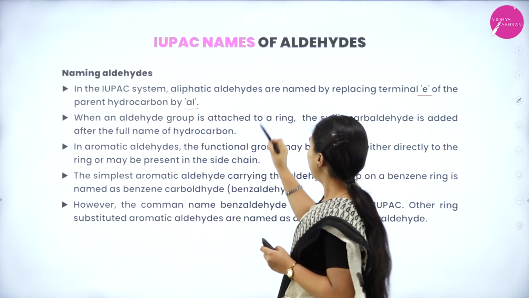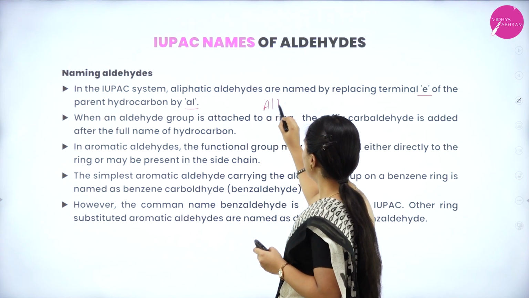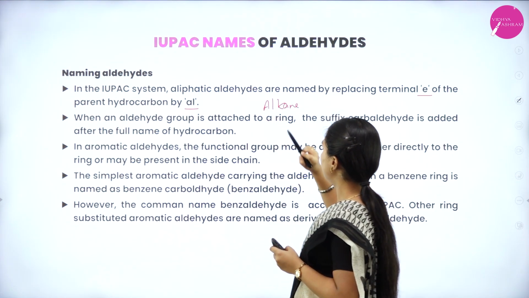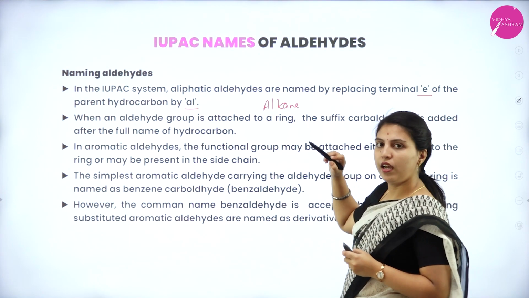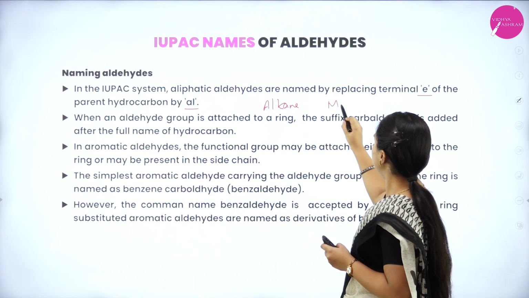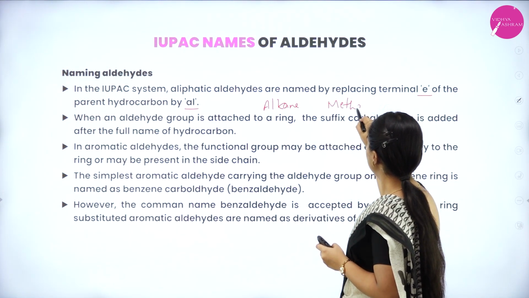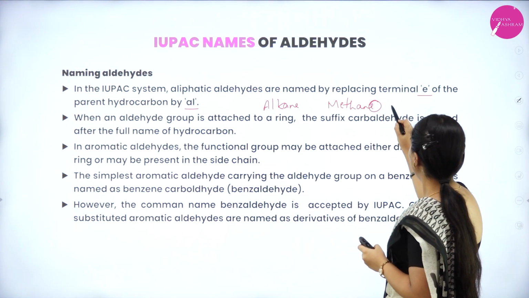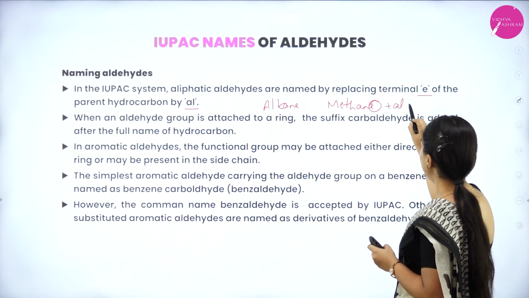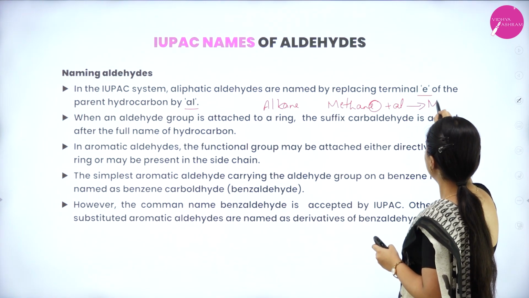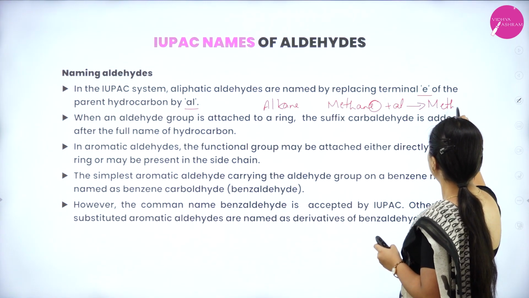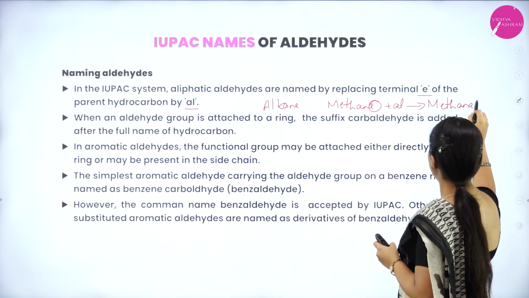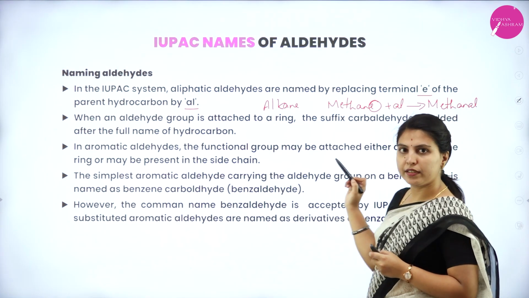If the alkane is methane, you have to remove this e and add al, and it becomes methanal, which means this is an aldehyde.